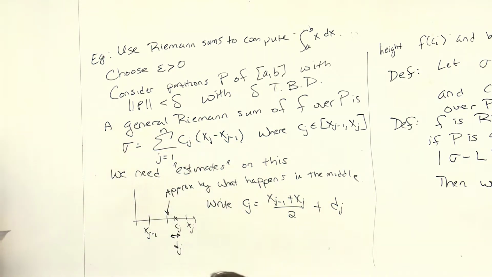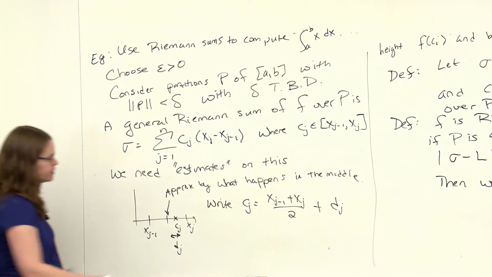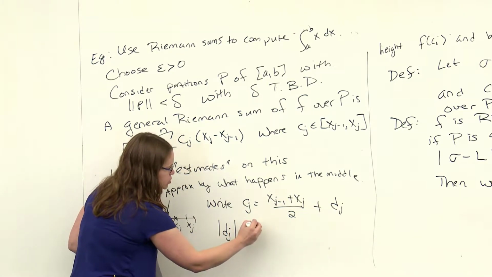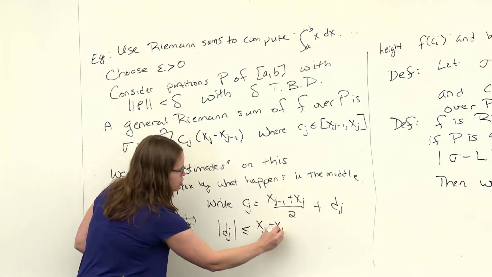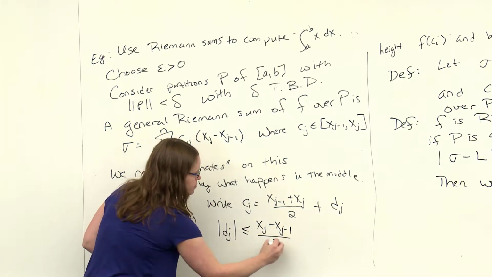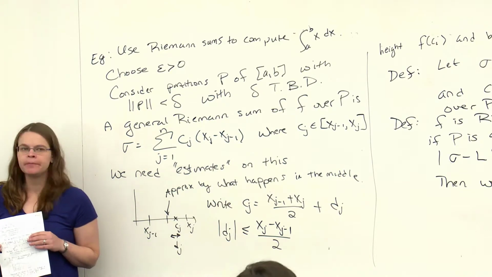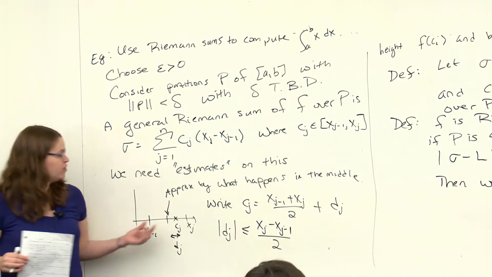What's the biggest dj could be? It's the half of the interval size, exactly. So here we're going to have that dj is less than or equal to half of xj minus xj minus 1. And I can maybe do one better than that, right? We have lots of these intervals to do.